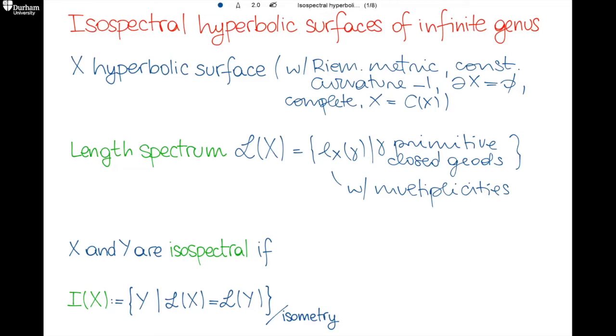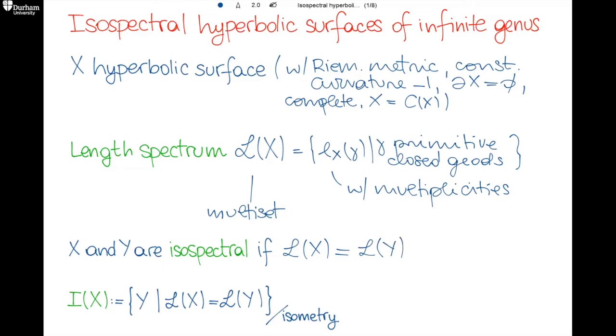So it's an unmarked length spectrum. So this thing is going to be actually a multi-set. And it's a multi-set that captures a lot of information of the surface. And we say the two surfaces are isospectral if they have the same length spectrum, again, as multi-sets.